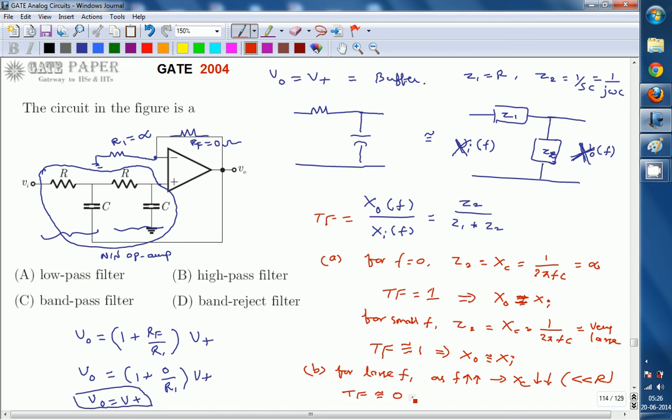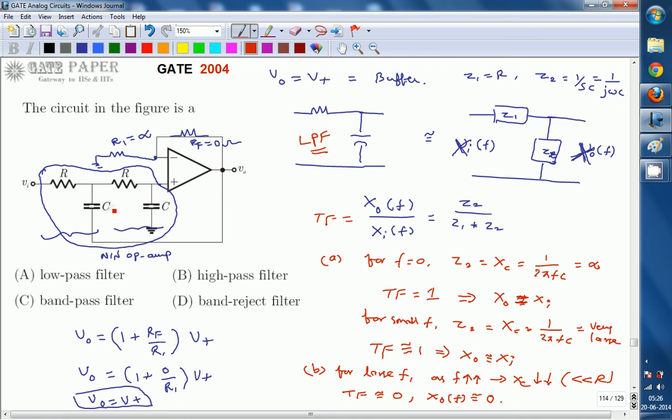Very small can be treated as 0, so X0 of f is approximated as 0. That implies this circuit is passing DC and low frequencies, but it is not passing the high frequencies. So this circuit is going to be treated as a low pass filter.